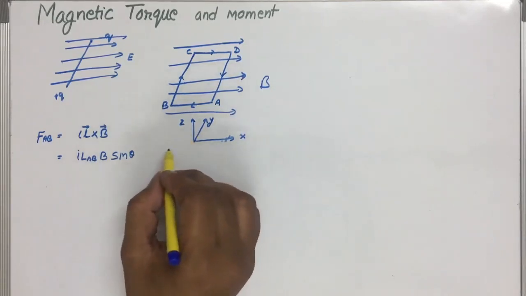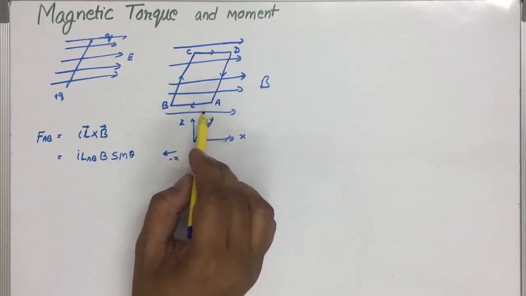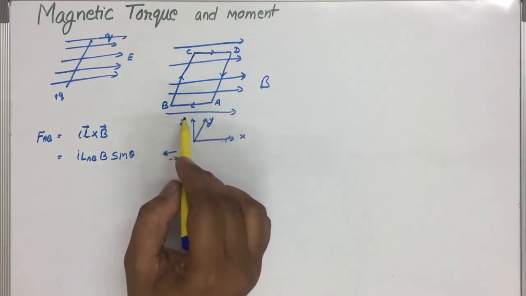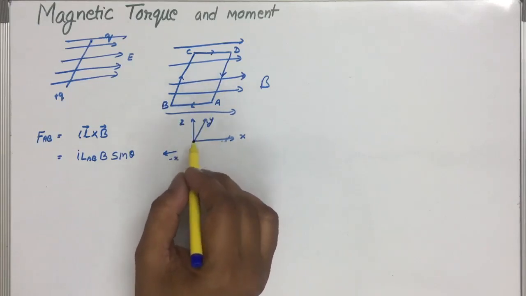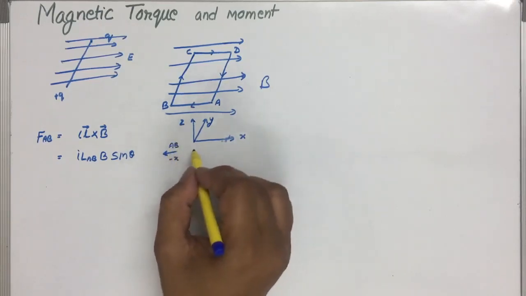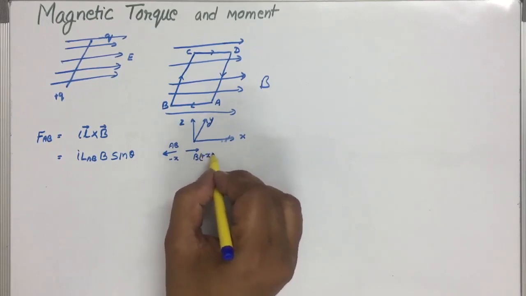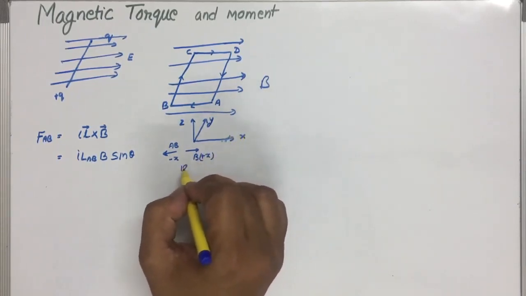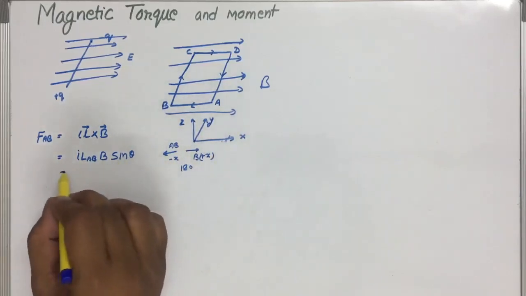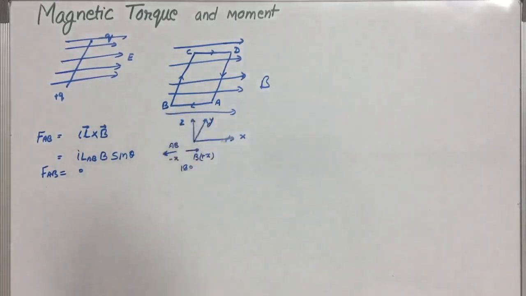So here we find that IL is in the direction of minus x, and B is in the plus x direction. So the angle between these two is 180 degrees. The sine will give you 0. So the force acting on this part will be 0.